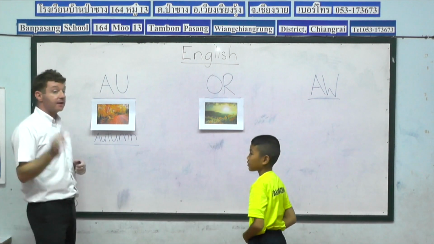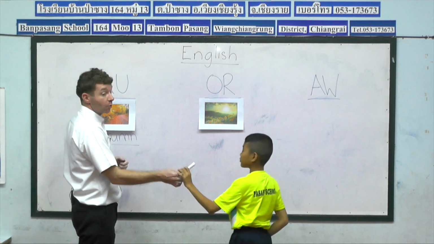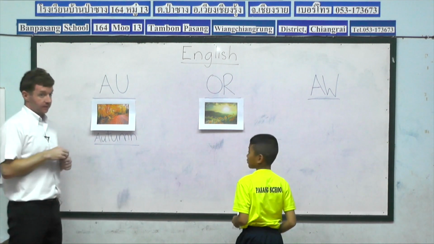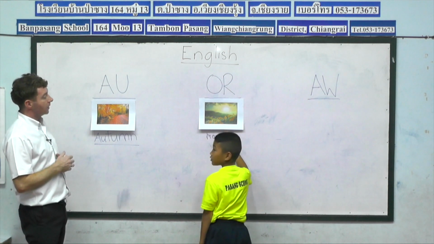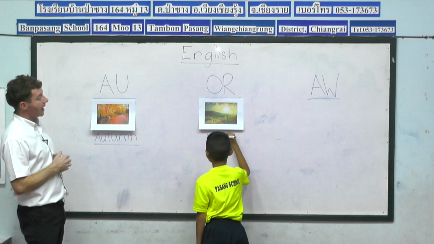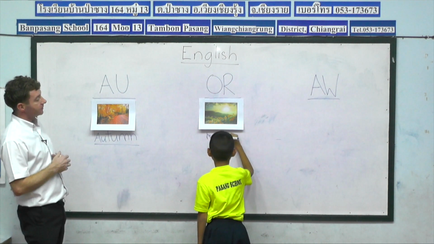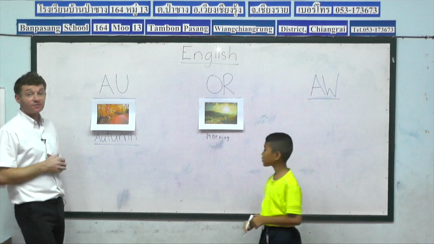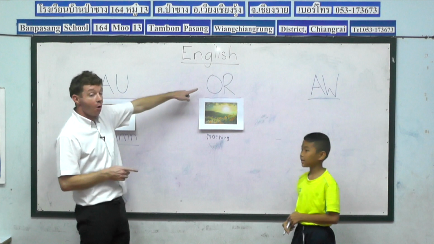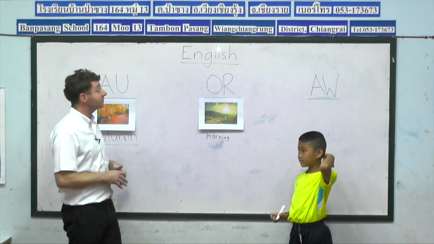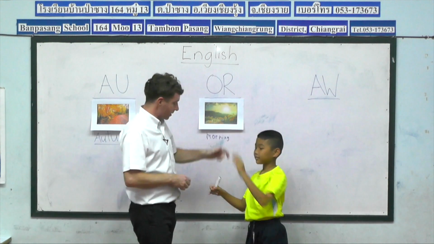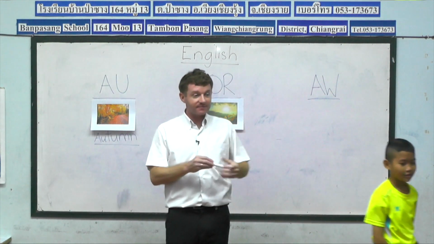So now we can help Pangpon to spell the word morning. M-O-R-N-I-N-G. Excellent. So all together, guys, or morning. Bang on, that was excellent. High five and a big round of applause for Pangpon, please, guys.